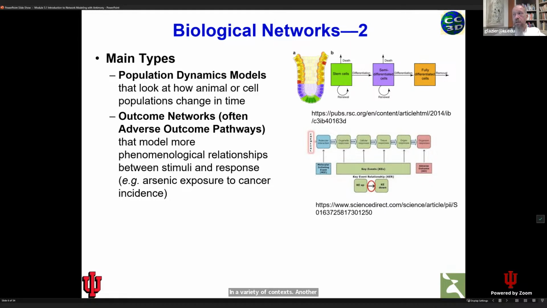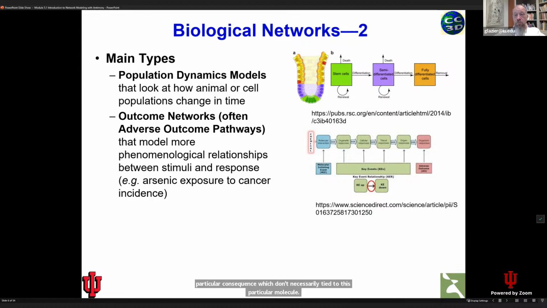Another concept that is used, especially in toxicology, but which we'll run into inevitably every time we use a network model inside the context of CompuCell, is what's called an outcome network. In the context of toxicology, it's called an adverse outcome pathway. That could be a series of steps which have a particular consequence, which don't necessarily tie to a particular molecule.